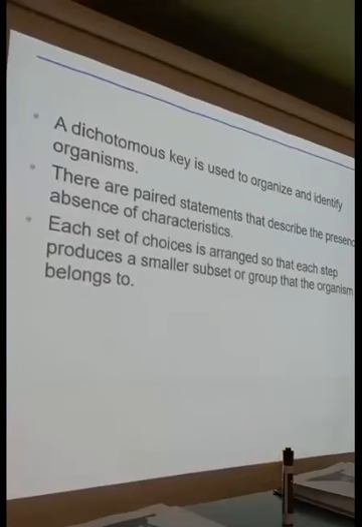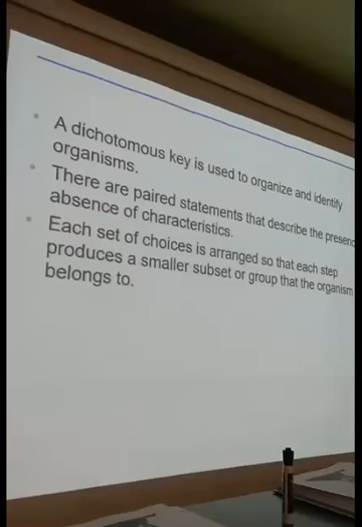Absolutely. And you know how most of the dichotomous keys that we just looked at were split into two, like 1A and 1B. Sometimes there might be more than that, right? So you just have to read it and pick the one that best describes whatever it is you're trying to classify. All right, any questions?